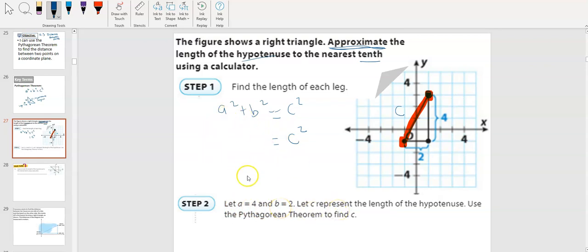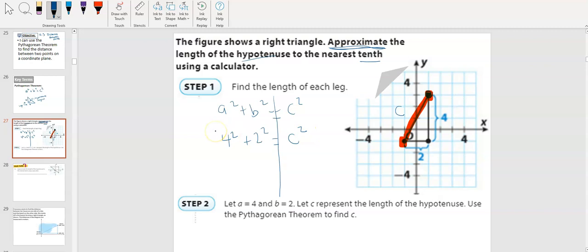So we're going to plug them into the theorem and solve. I'm going to have 4 squared plus 2 squared equals C squared. I'm going to draw that mirror line straight down because that's going to help me see my 2 sides. Because C is the thing that I'm missing, I'm just going to solve the left side of my equation, and then I should be able to figure out what C squared is.